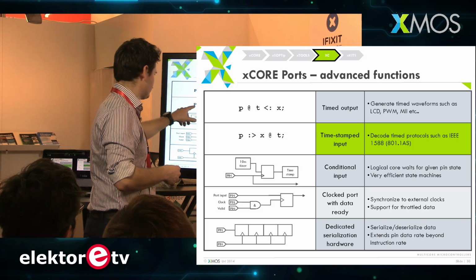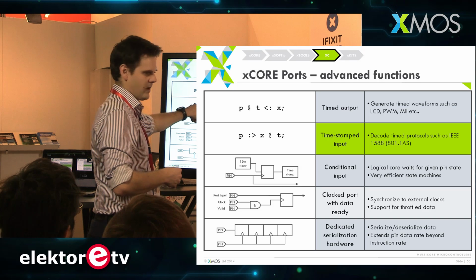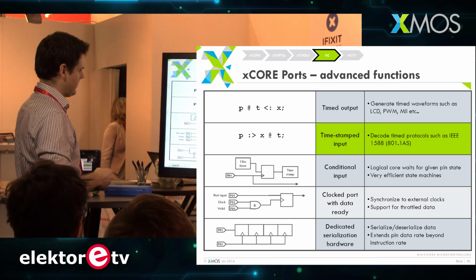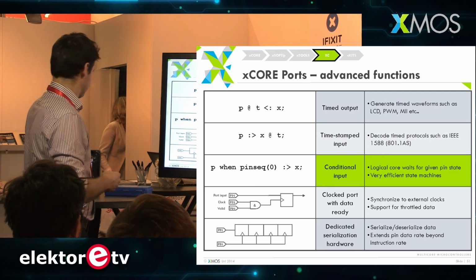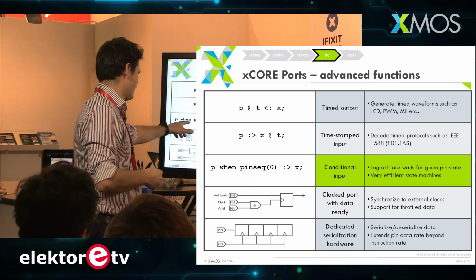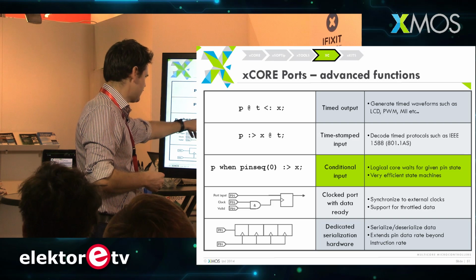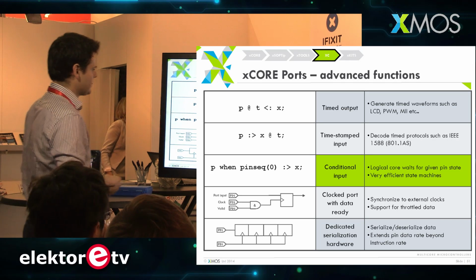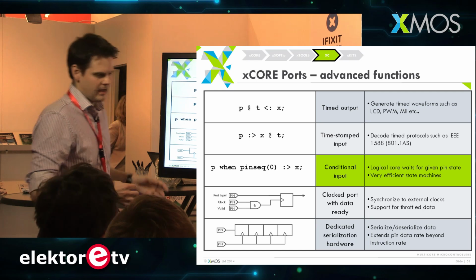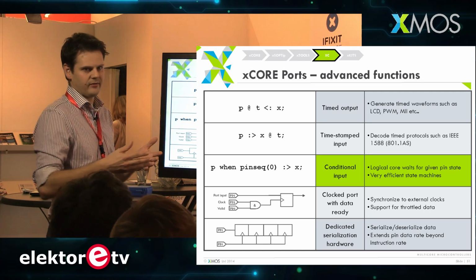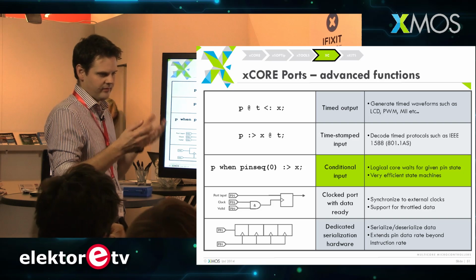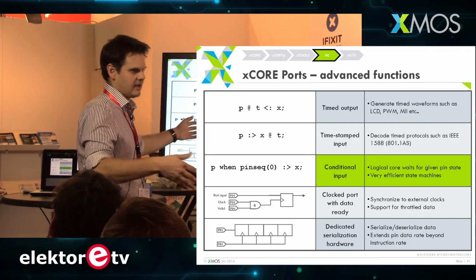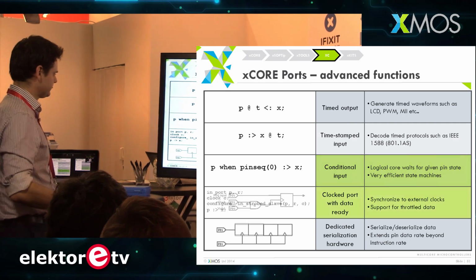And the inverse is true here, so P goes to X, and the time it occurred is stored in variable T. Conditional input: P, when pin is equal to 0, assign it to X. So for instance, in an Ethernet interface, you may want to look out for the start frame character or preamble 55, and you could do this. You say, when this situation occurs, generate an event and start processing.